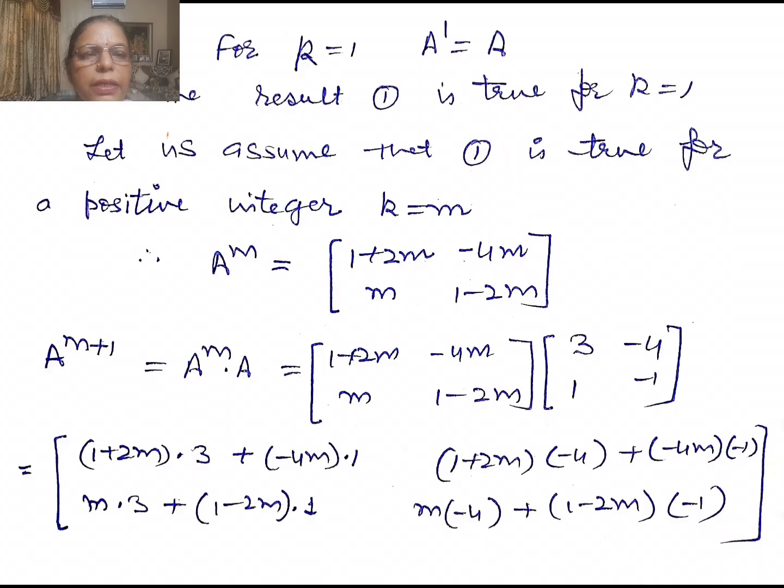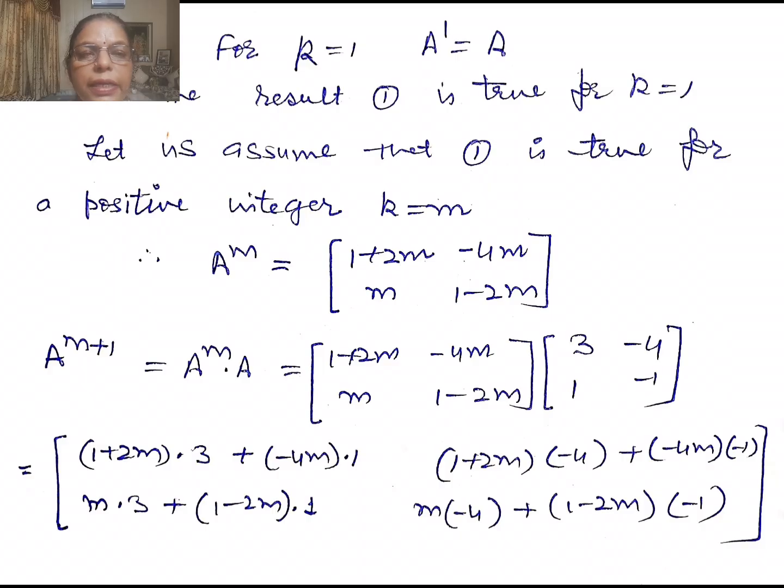That means A raised to power m is equal to [1 plus 2m, -4m; m, 1 minus 2m]. And the next step will be we will prove the result is true for k is equal to m plus 1, and hence the result is true for all natural numbers.